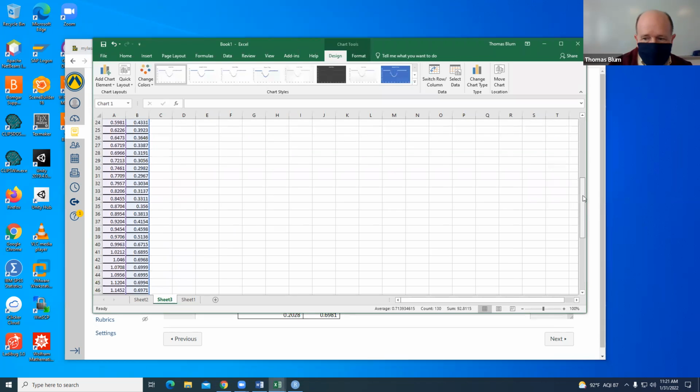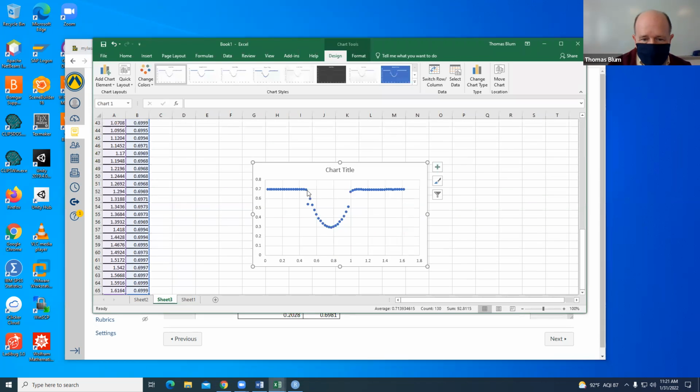But there's too much of this flat part of the data that I don't want. I'm only interested in the parabola. So I'm going to go from 0.4756 to 9963.